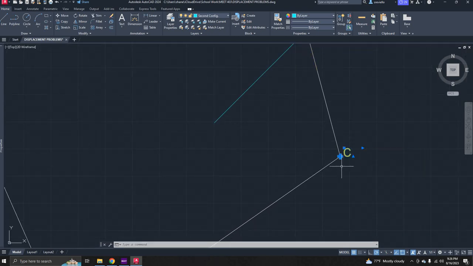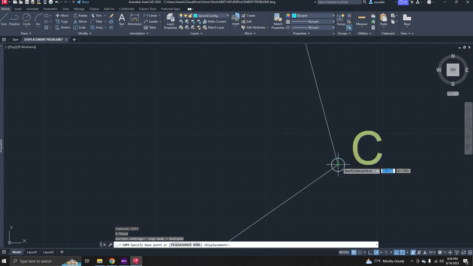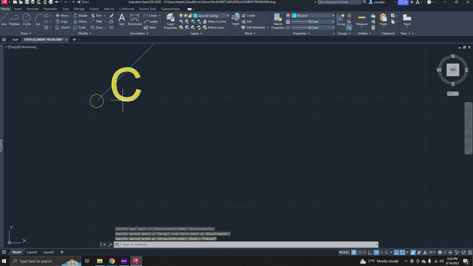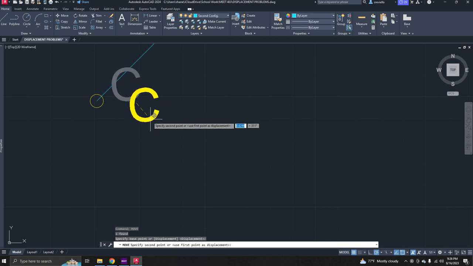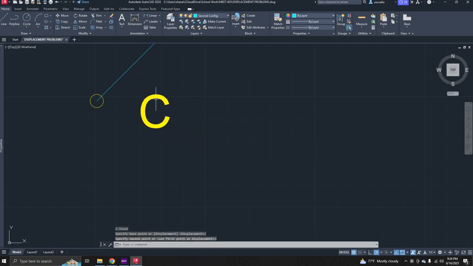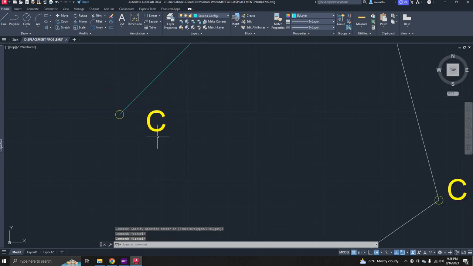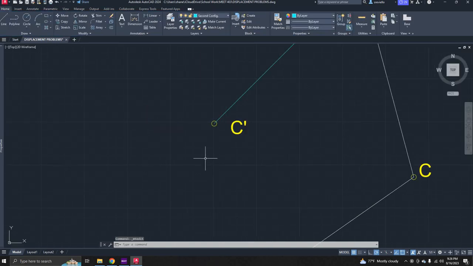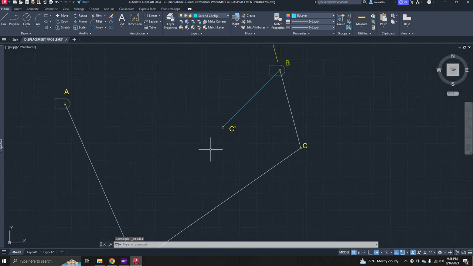Alright, so now that we have BC rotated, let's copy our joint C over. And we can rename it, if it'll let me, to C prime, indicating that it's in our second configuration.